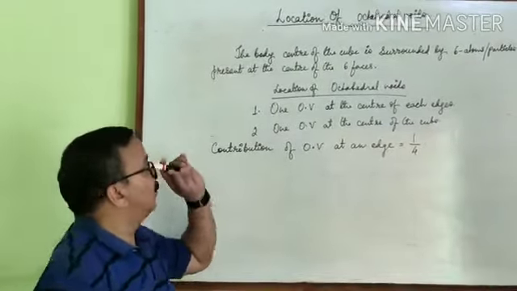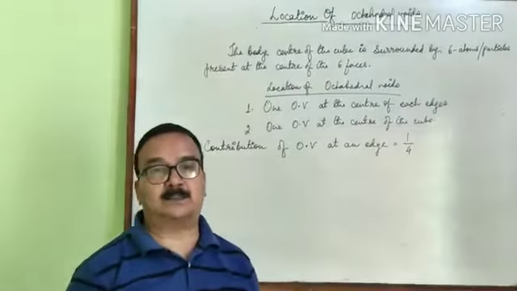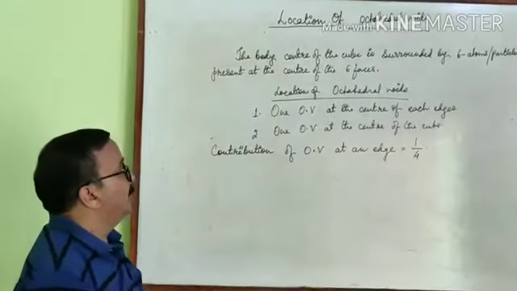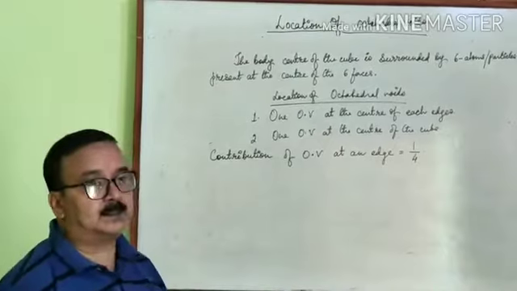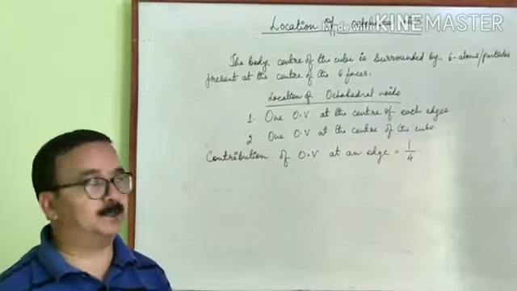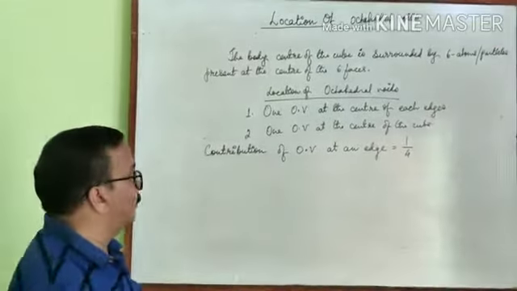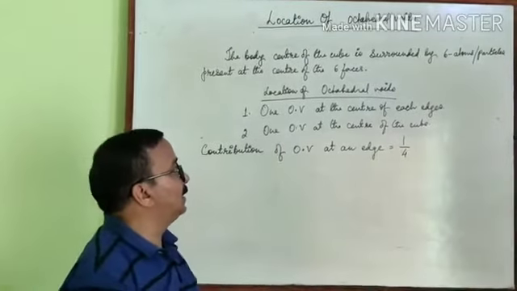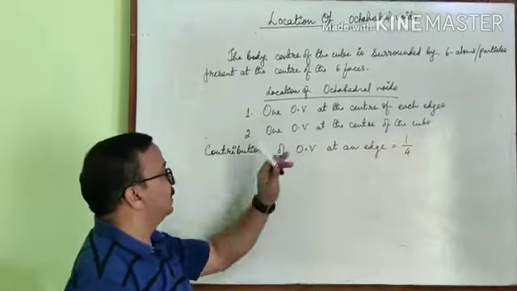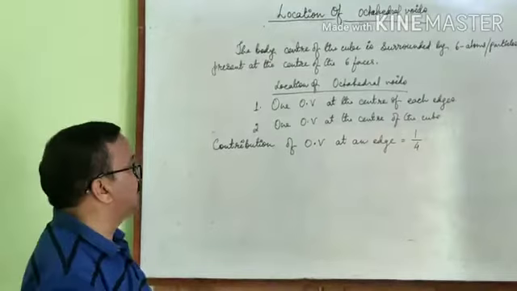Location of octahedral voids. The body center of the cube is surrounded by 6 particles, which may be atoms, molecules or ions, and they are present at the center of the 6 faces. Now there are 2 locations. The first one is that an octahedral void is formed at the center of each edge, and the second one is that another octahedral void is formed at the center of the cube.